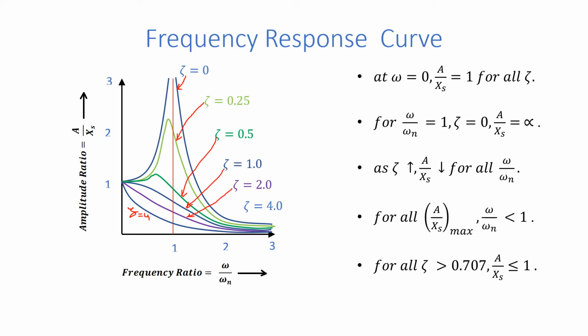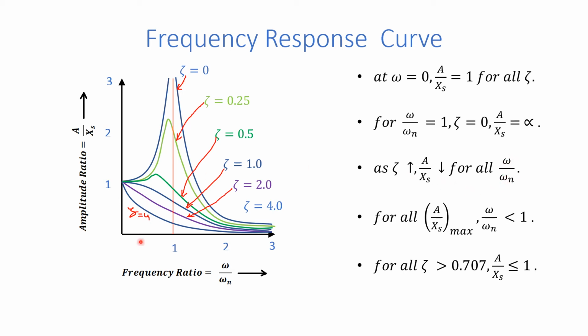Next, not only at resonance, the amplitude ratio A by XS reduces for all the cases. Whenever we are introducing damping into the system, amplitude ratio is decreasing for all frequency ratios.